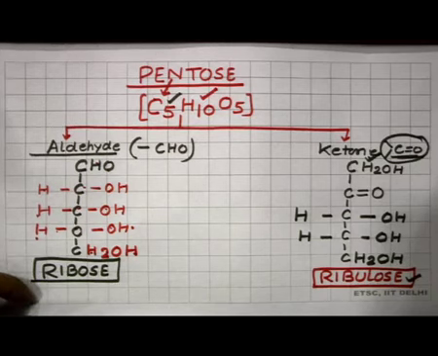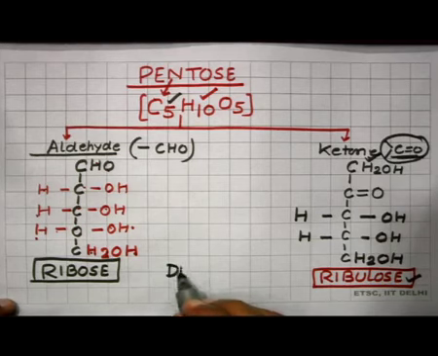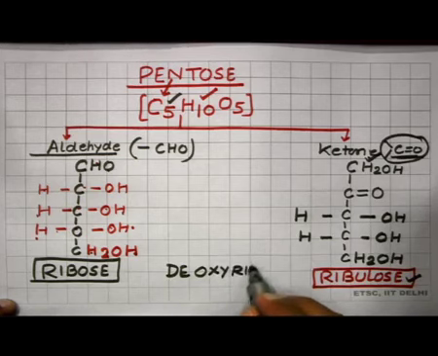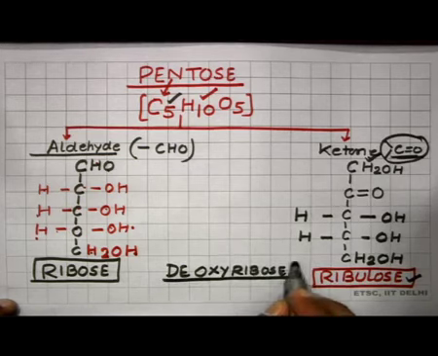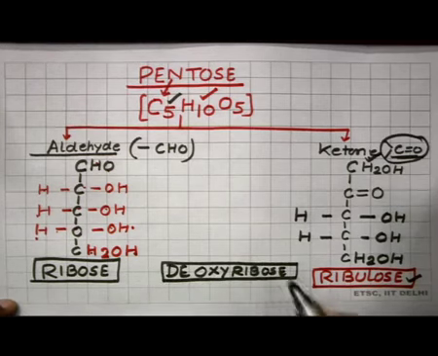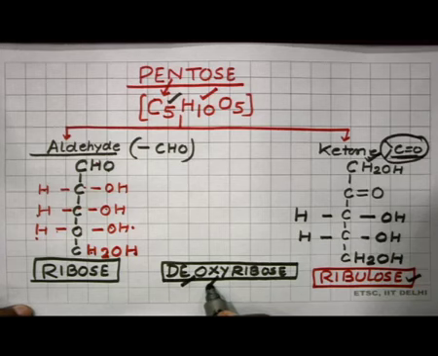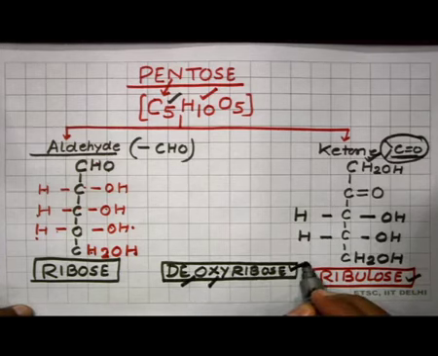Now, the next important pentose is deoxyribose. Deoxyribose is a type of aldehyde, but the name indicates deoxy, meaning deletion of one oxygen from the ribose sugar.